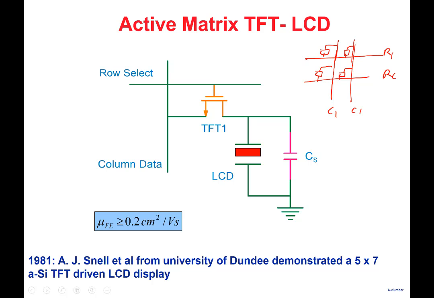Silicon deposited on glass is no longer crystalline but is amorphous silicon, and therefore amorphous silicon was used to make the TFTs. The first commercial applications that came out of TFTs were these amorphous silicon TFT driven LCD displays.